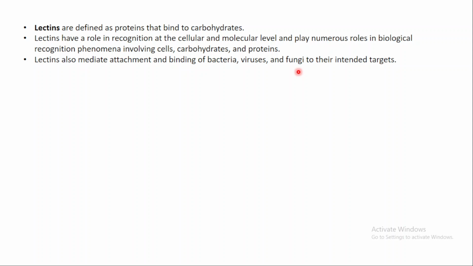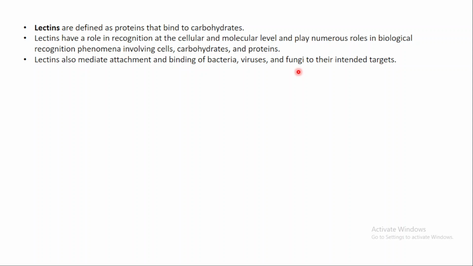So lectins are proteins that can bind to carbohydrates. How will I explain it to you? Imagine a cell has a protein, and the bacterial cell wall is made up of carbohydrates, such as peptidoglycan, which is a polymer of sugar.